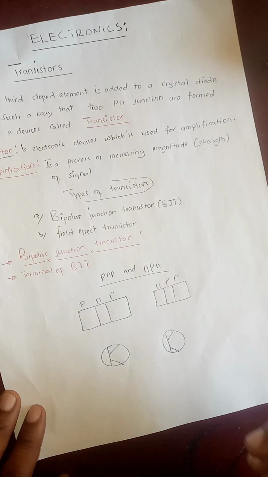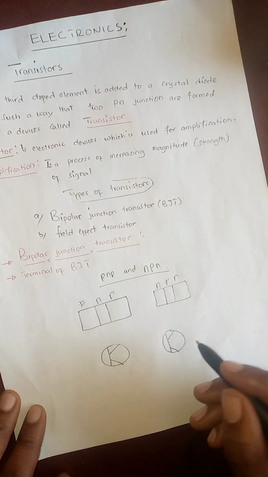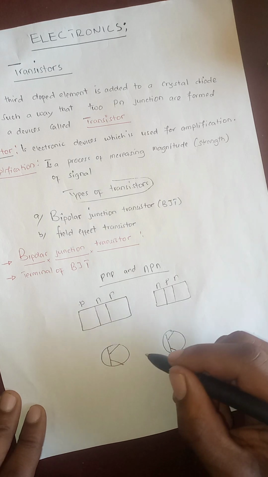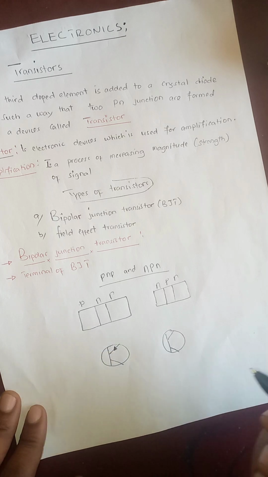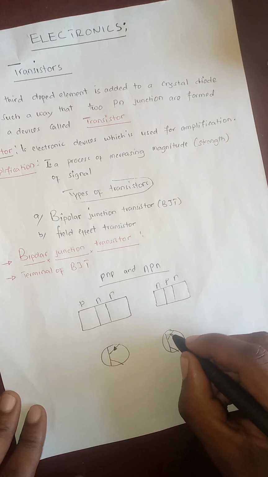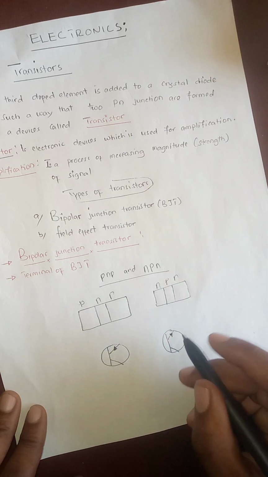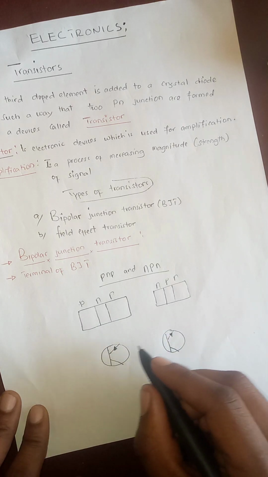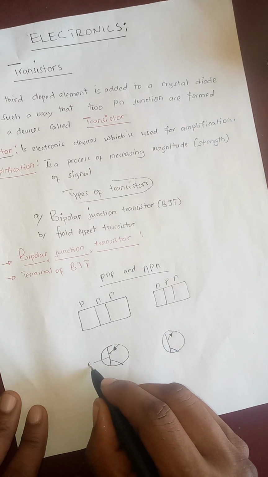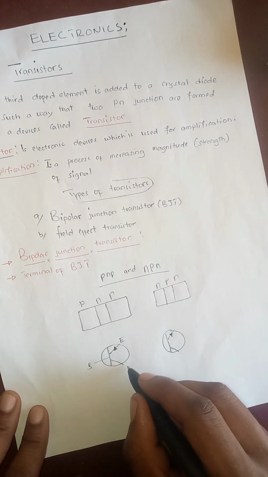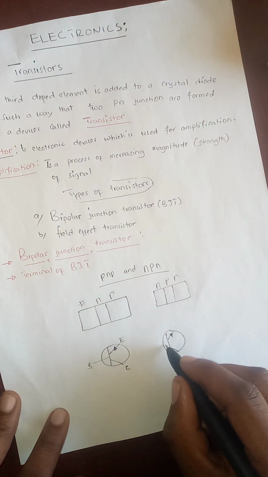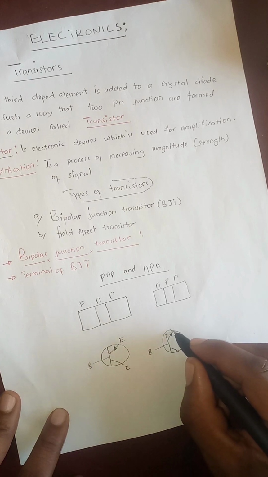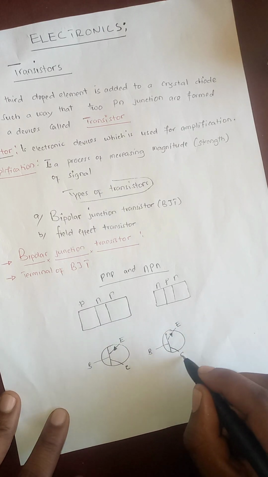What to note is how to differentiate the collector and base. Always check whether the emitter arrow is pointing in or out. For example, this is the emitter, where the current will start, so it is pointing in, or sometimes it can point out. In this circuit, this is the base, this is the emitter, this is the collector. Also here, this is the base, this is the emitter, this is the collector.